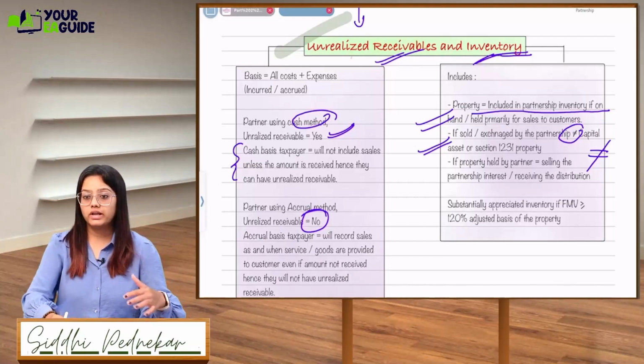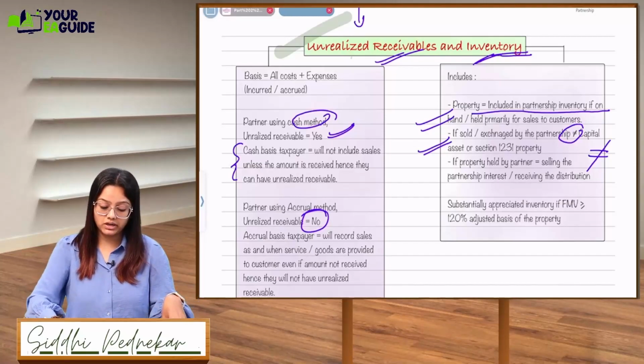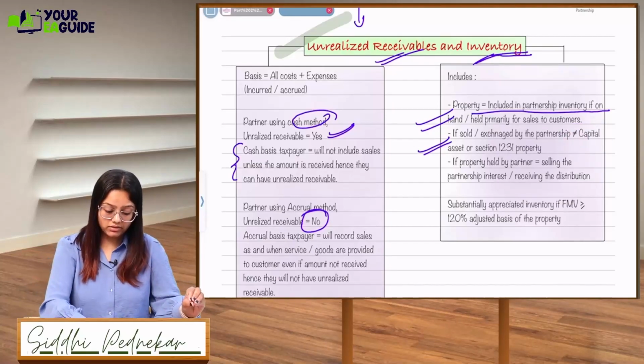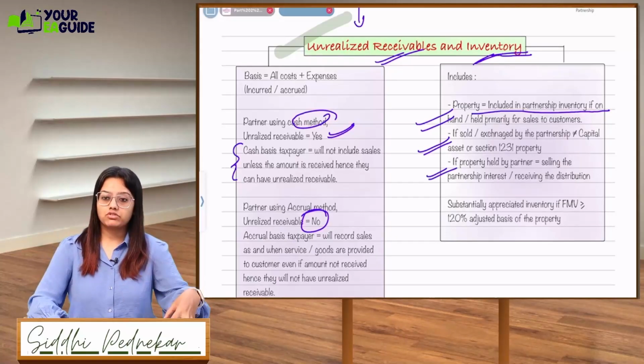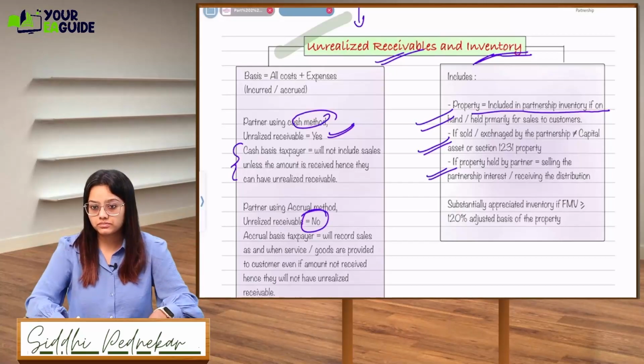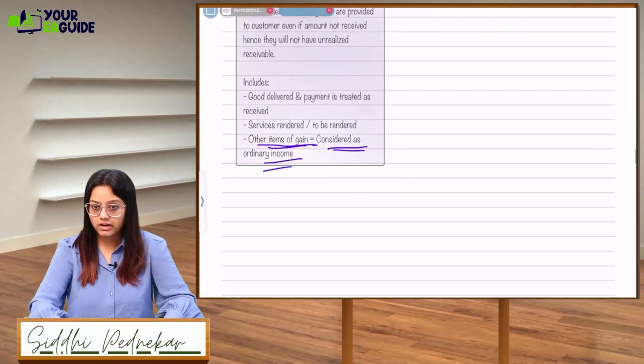Those kinds of things will be your inventory. And the third one is if the property is held by the partner selling the partnership interest or receiving the distribution, substantially appreciated. Okay, you don't have to remember this.